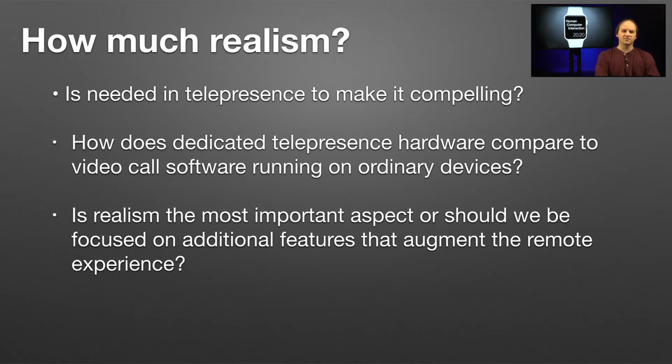Or should we be focused more on what we can add to the interaction that wouldn't be there if you were in person? So what other features can we add that might be helpful to people using some kind of telepresence system? Because with a lot of the realism features, we come up against hard barriers.